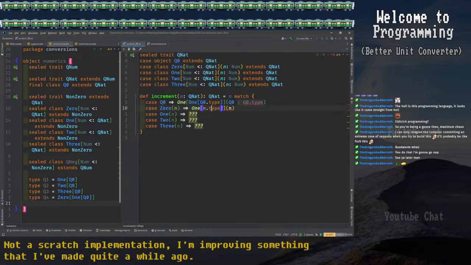I'm a little bit dumb. I've already lost my ability to do this. Yeah, okay, sure.